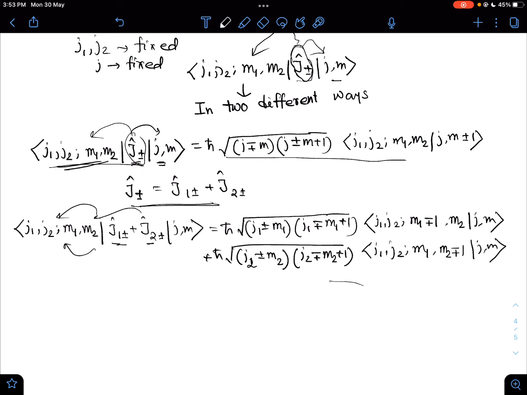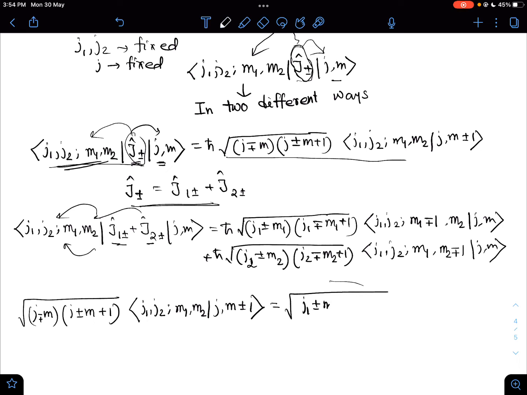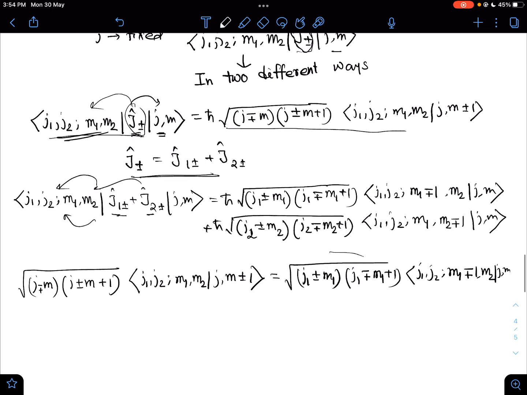If we equate these two, we get root under (J ∓ M)(J ± M + 1) ⟨J1, J2, M1, M2|J, M ± 1⟩ equal to root under (J1 ± M1)(J1 ∓ M1 + 1) ⟨J1, J2, M1 ∓ 1, M2|J, M⟩, and another term, root under (J2 ± M2)(J2 ∓ M2 + 1), with this coefficient.